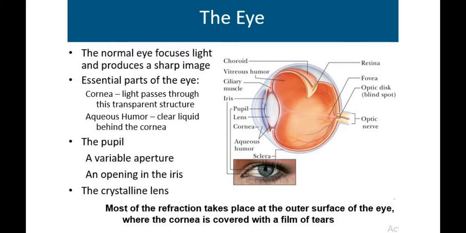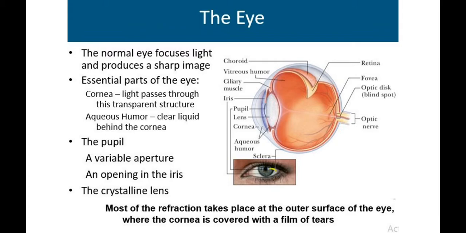We have the cornea. The cornea is a protecting layer at the front of the eye, and light is passing through this transparent structure, and you have some liquid behind this cornea, and then you have an aperture, which is named the pupil.